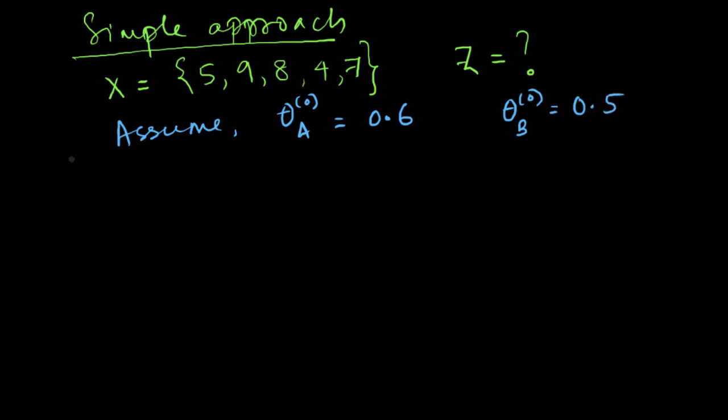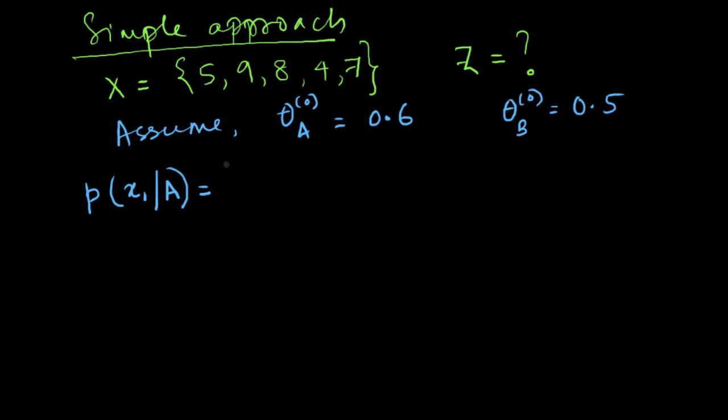So what you do now is that you estimate the probability that x1 was generated, assuming that the coin chosen was the coin A. So what would this be? Now x1 is equal to 5, which means that there were 5 heads out of 10 tosses.